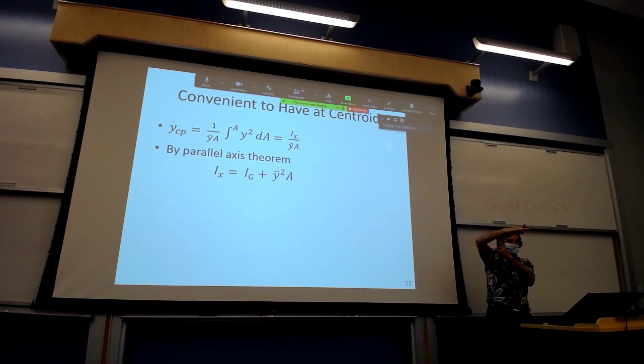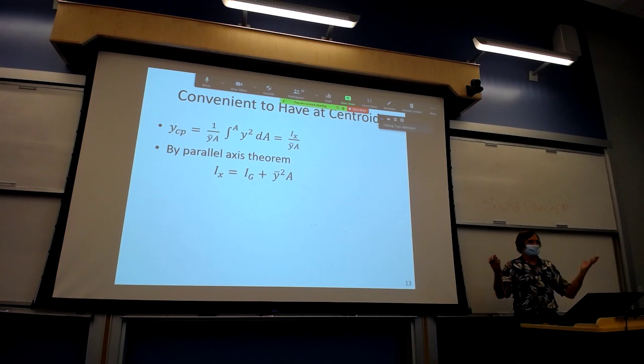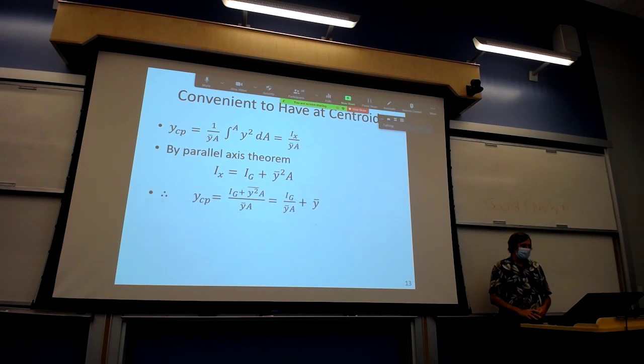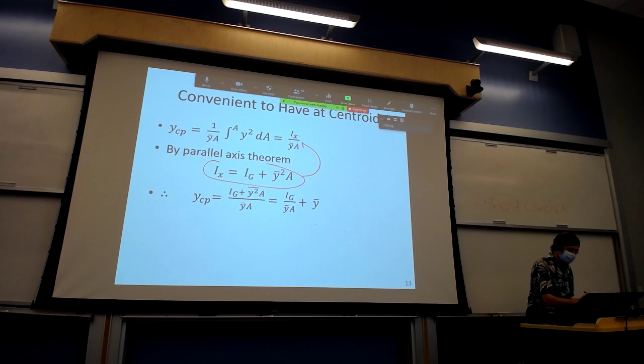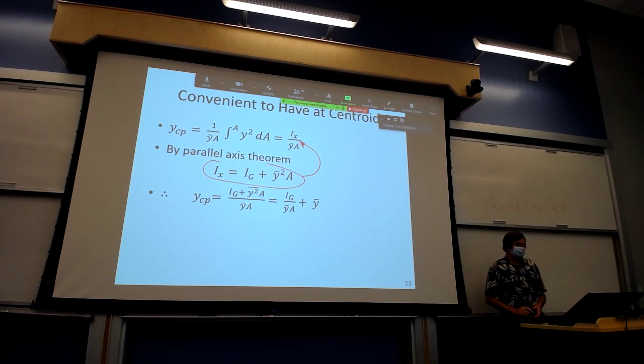That's where the y-axis started. So the distance from this arbitrary x-axis, which in this derivation happens to be the free surface, to the centroid is y bar. That's how we've always been defining it. Okay? And so now we take that definition of Ix and substitute it into our equation for YCP.